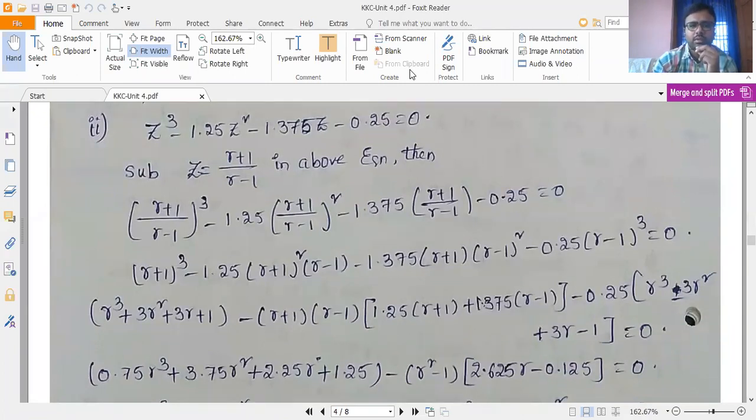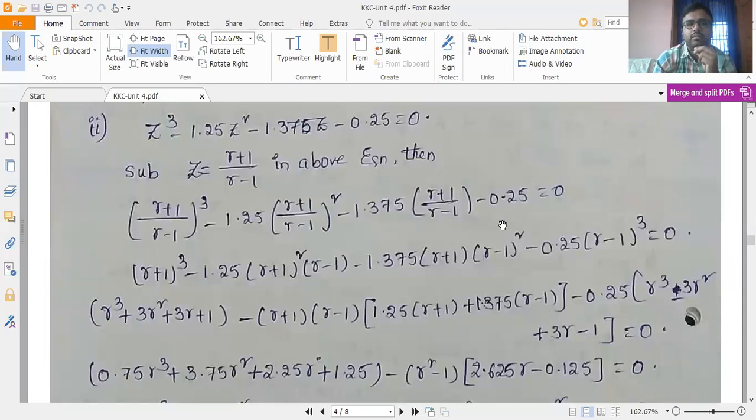In the previous class, I said to apply the RH criteria table for a characteristic equation of order 3 onwards. For order less than 3, just substituting z equal to r plus 1 divided by r minus 1, we get the equation in the r plane, and with simple observation we can say the stability of the system.